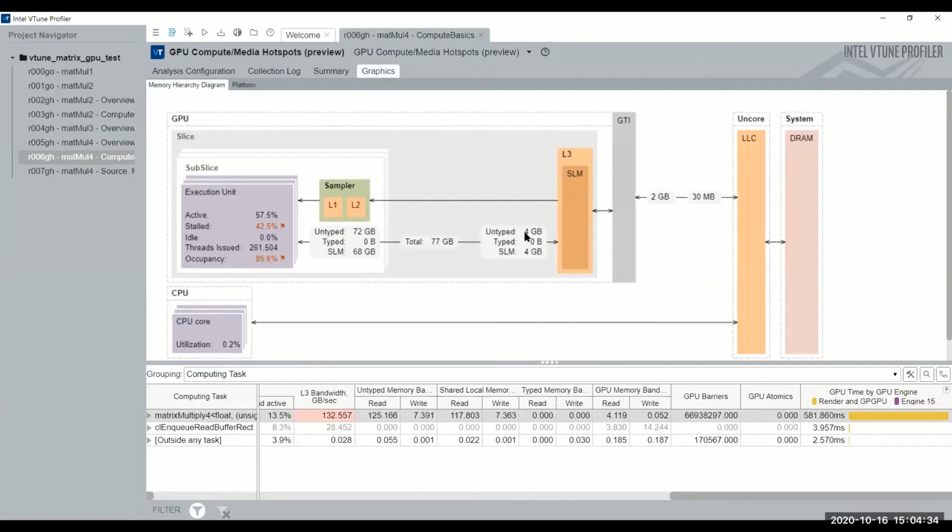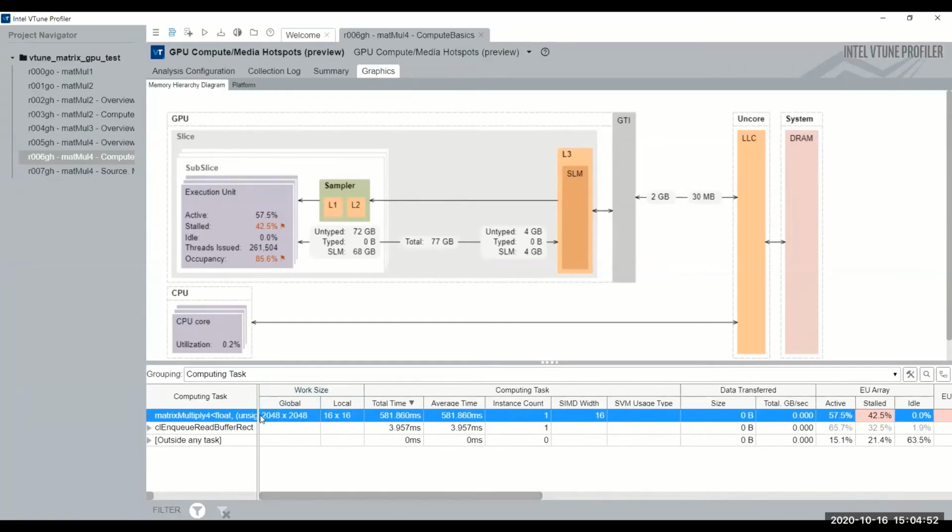You might notice that totally like 77 gigabytes of data is being transferred here and there, which is kind of an indication of inefficiency in handling the data for such a size of matrix, which is 2048 by 2048.